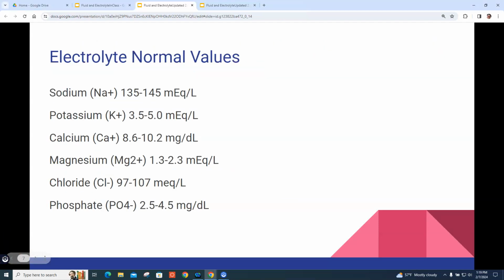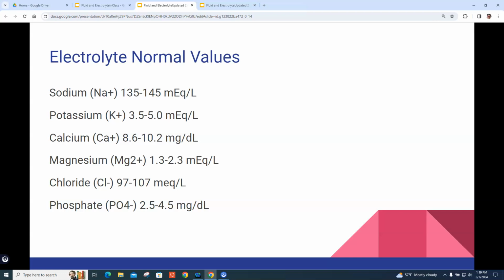All right, what are the electrolytes and what are their normal values? Again, you can find this information on that table 41-1. Sodium is 135 to 145. Anything below 135 is too low. Anything higher than 145 is too high.